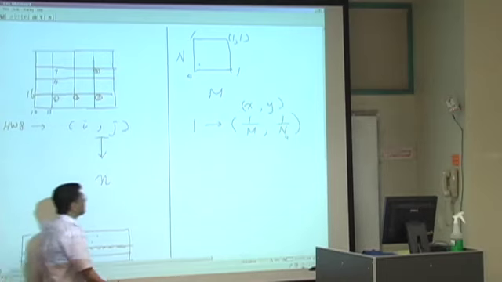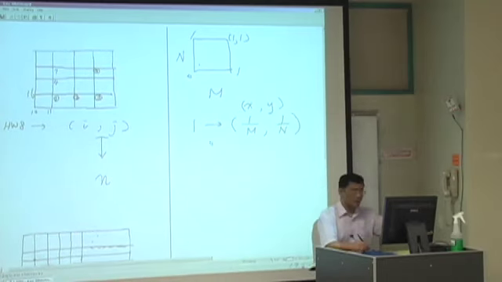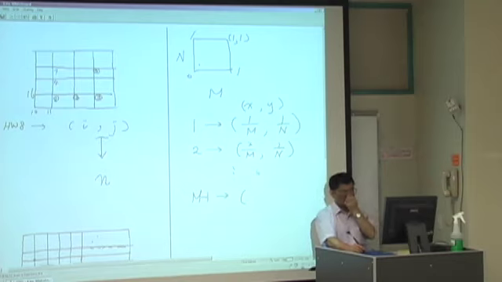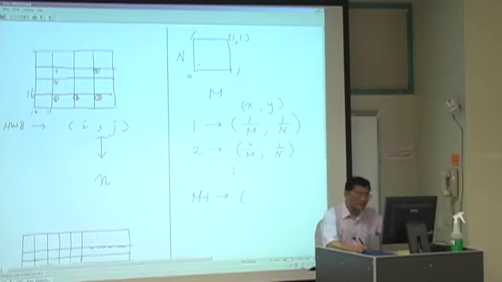And 2 is 2 over m and 1 over n, and so on. It goes on, and then the last one in this row is m minus 1 over m and 1 over n.